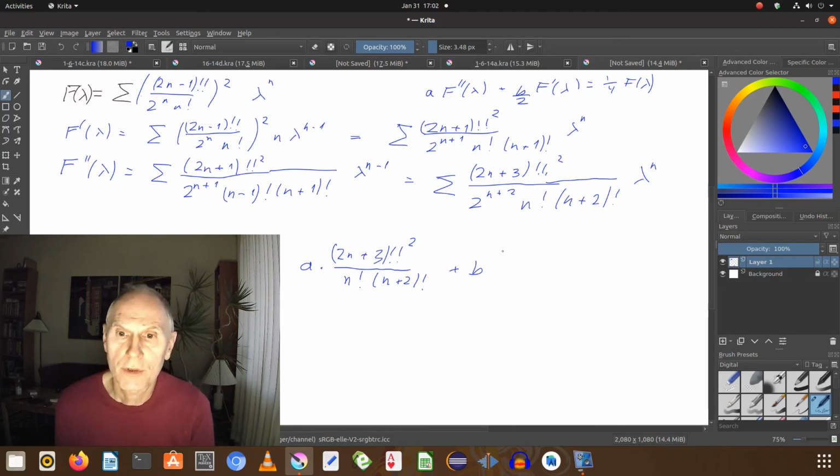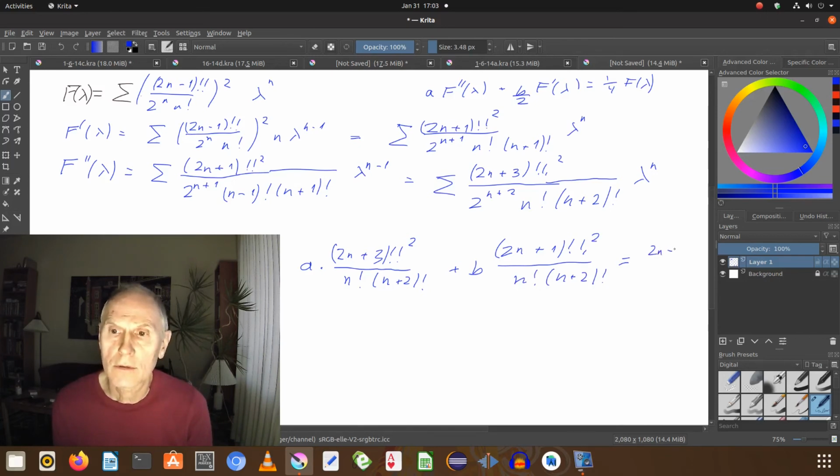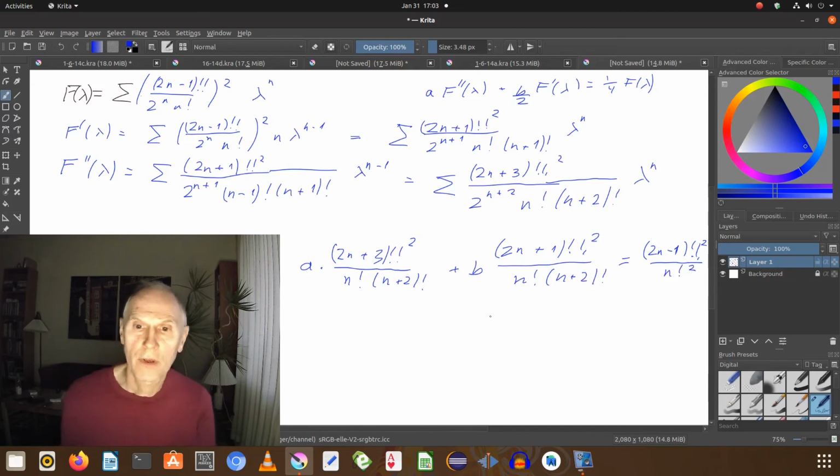B times n minus 1 factorial squared divided by n factorial squared. So we have to find a and b so that this is fulfilled.